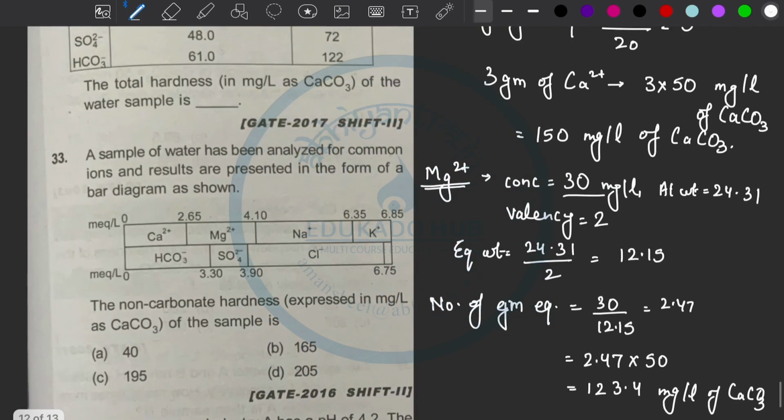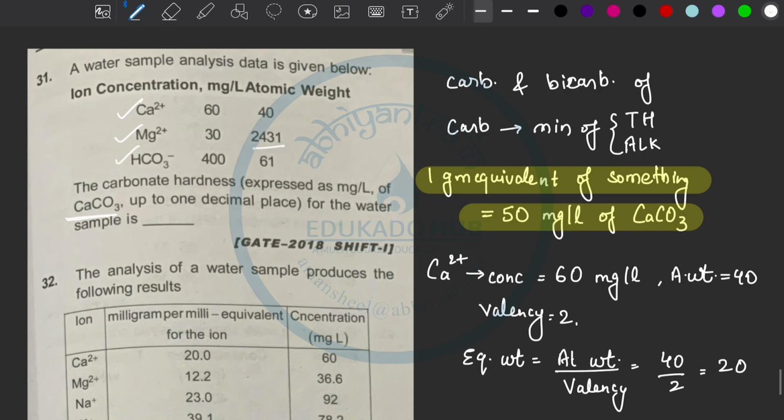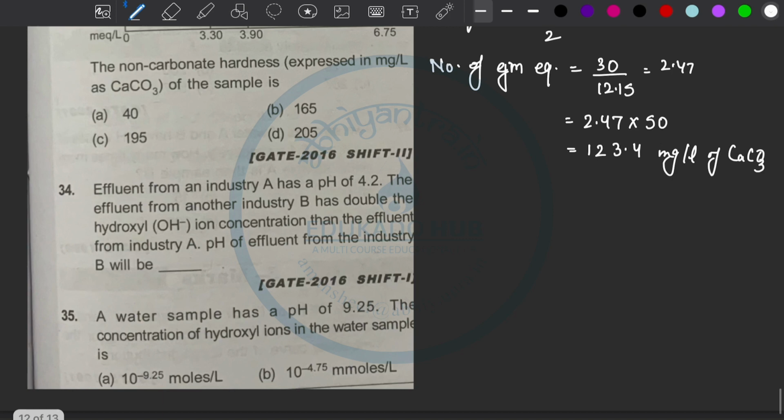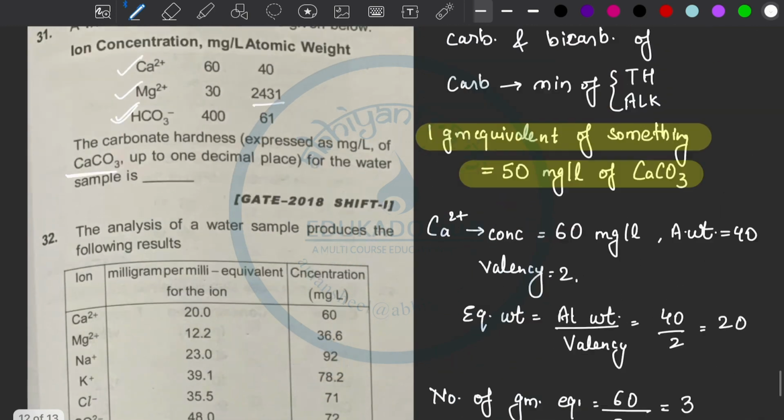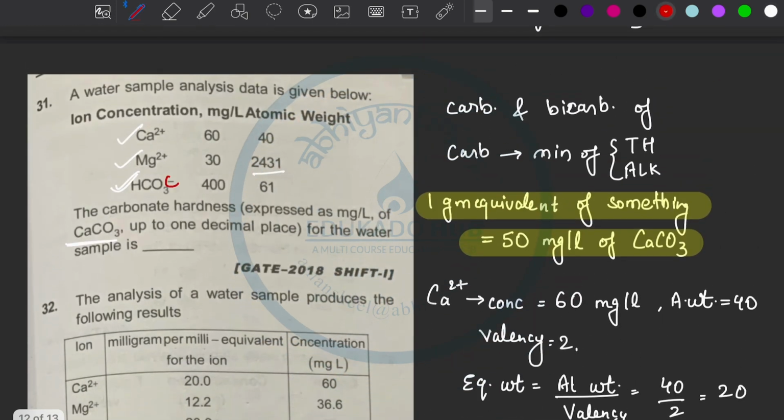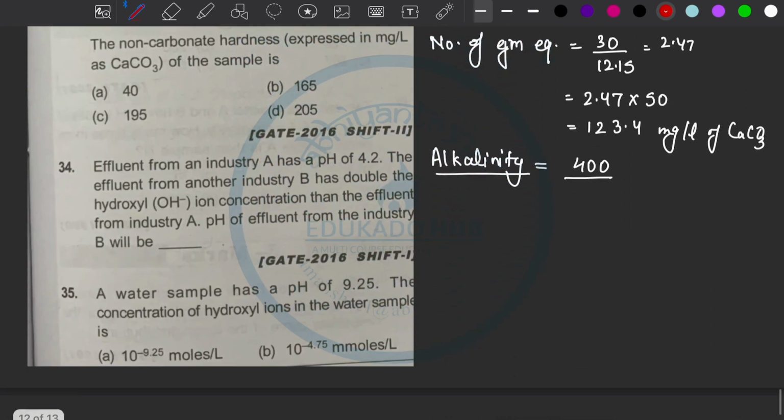And another thing they have given, that is HCO3. HCO3 minus will create alkalinity. So alkalinity will be equal to, the concentration of alkalinity is 400 divided by, it has single valency, so we don't want to calculate the equivalent weight, because the equivalent weight will be equal to the atomic weight itself.